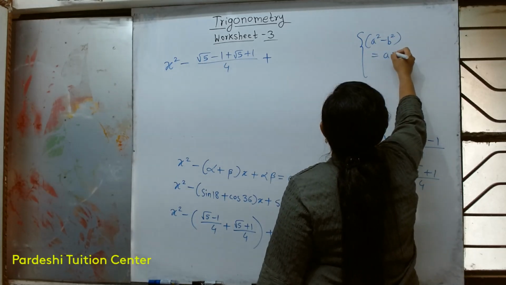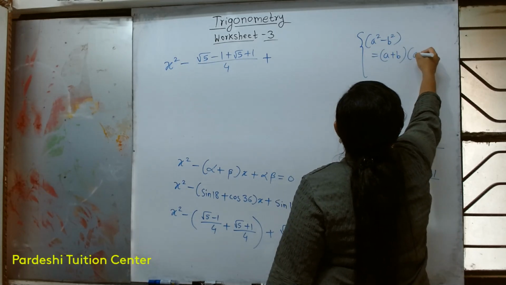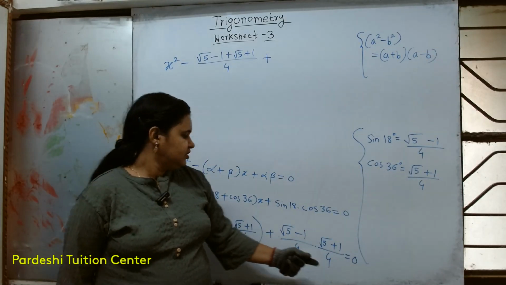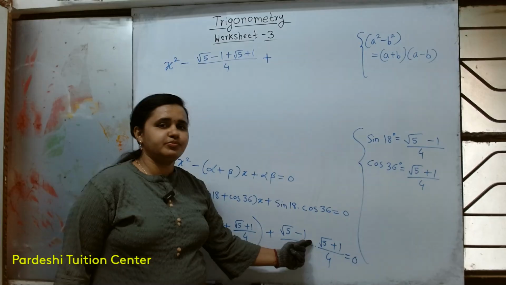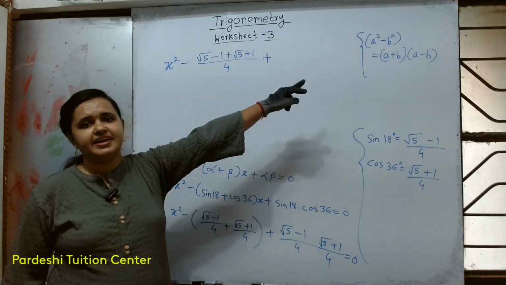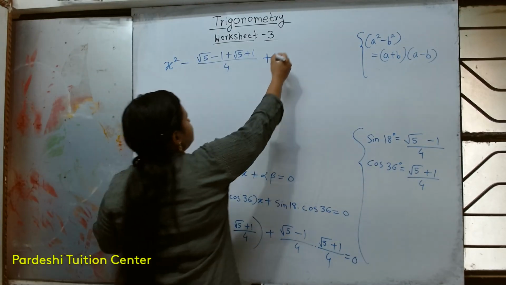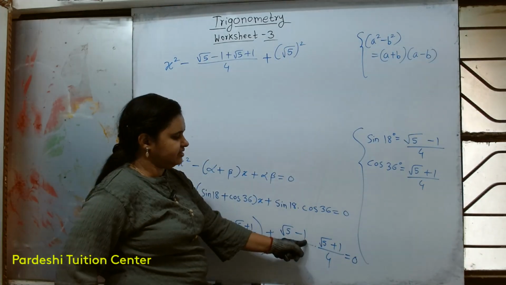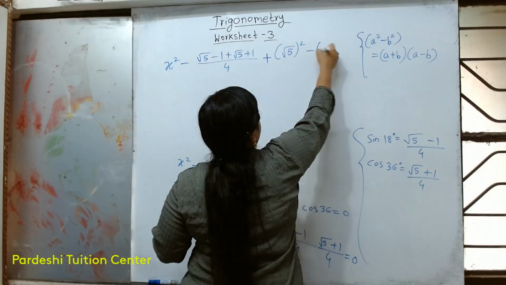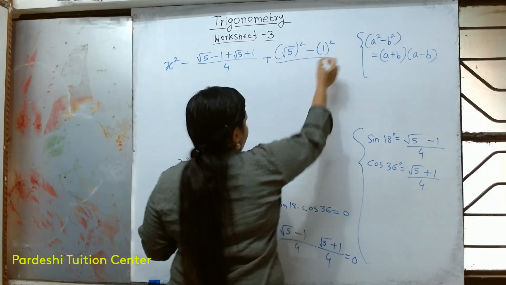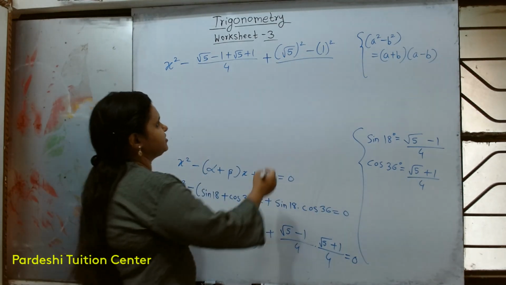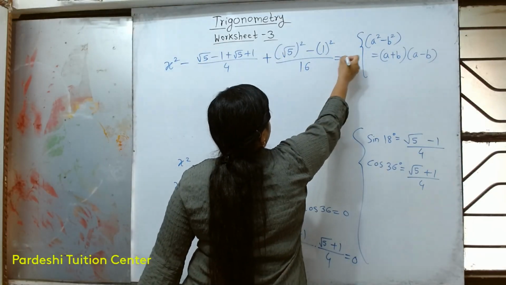So it will be a square minus b square. a square is root 5 square minus b square, that is minus 1 square, upon the denominators multiplied, 4 multiplied by 4 is 16, equals 0.